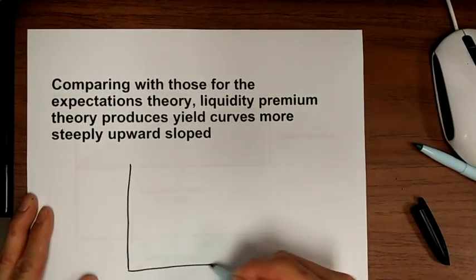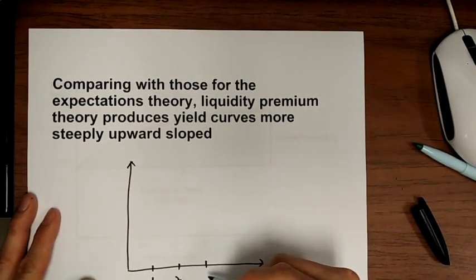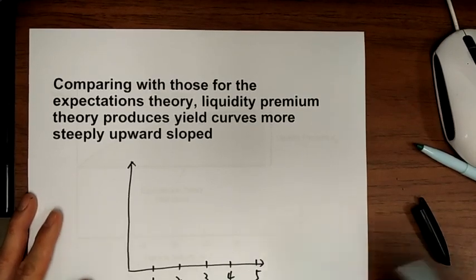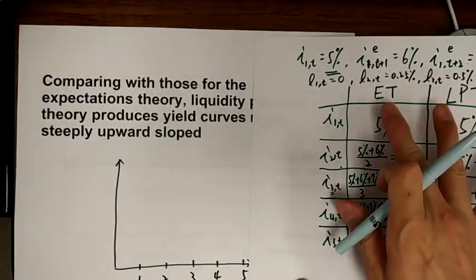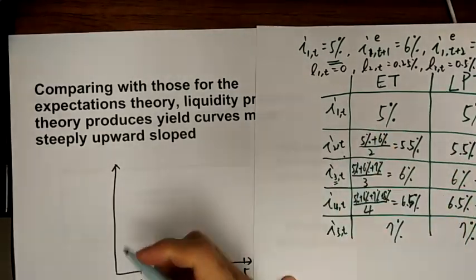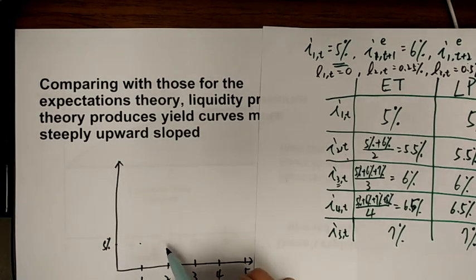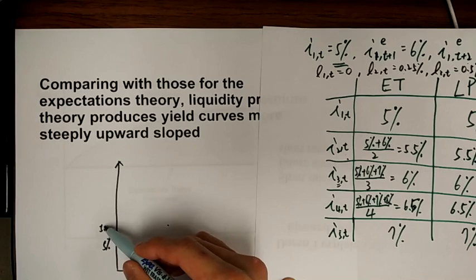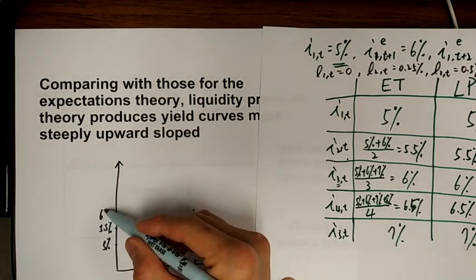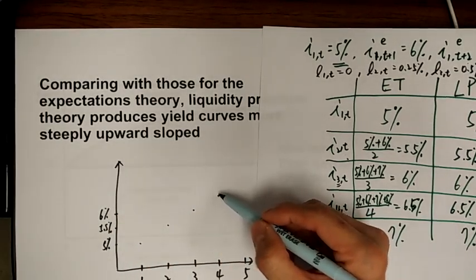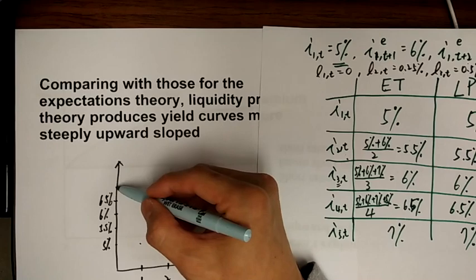That is, if you want to draw a yield curve of terms 1, 2, 3, 4, 5, according to the numbers we got here, expectation theory says 1-year bond interest rate should be 5%. 2-year bond interest rate 5.5. 3-year bond interest rate 6%. 4-year bond interest rate 6.5%. 5-year bond interest rate 7%.